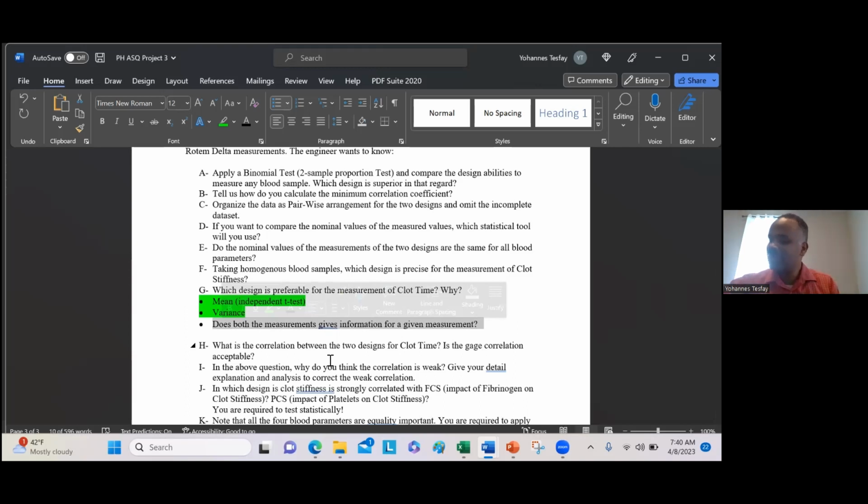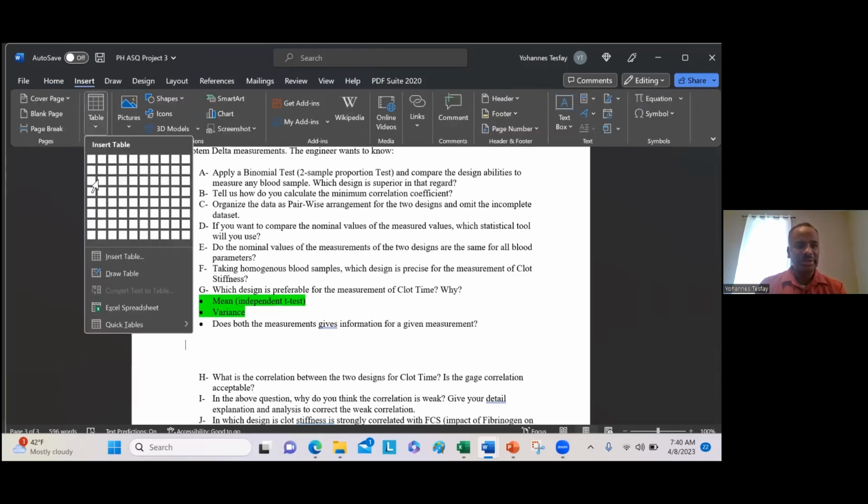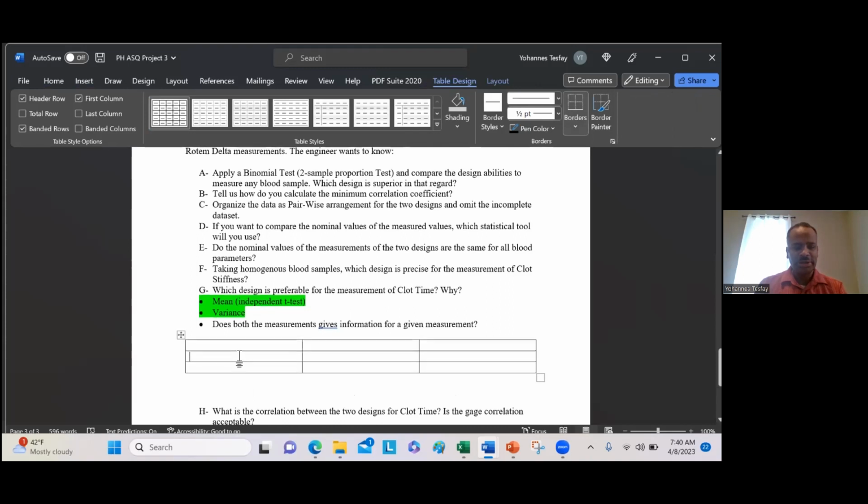So the first design, the AR design. That matrix is going to be this one. Let's say this is design 1 and this is design 2.